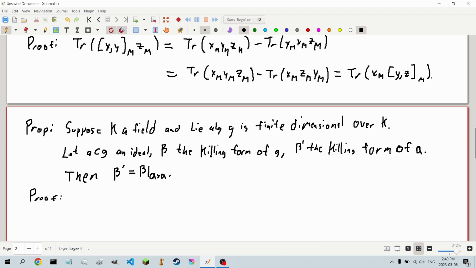We're going to let U be in the endomorphisms, as a vector space, of G leaving A stable.